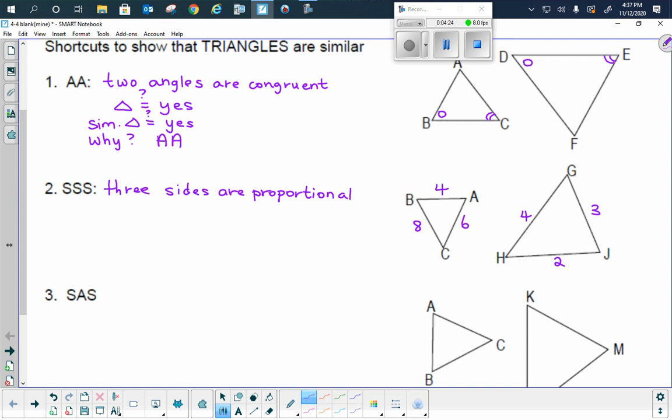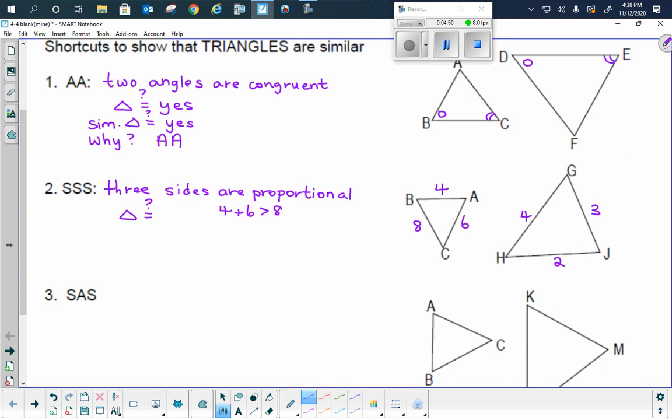And then again, I'm always going to do the same thing. I'm going to ask myself, first of all, in these pictures, do I believe that they are triangles in the first place? Well, these do have side lengths, so I do need to do some work to prove that they are triangles. Let's look at triangle ABC. I need to be showing that the 2 smaller sides, 4 and 6, add to be greater than 8.